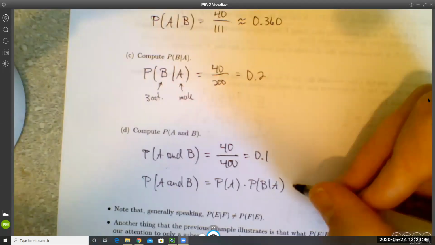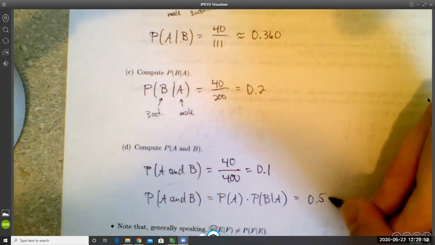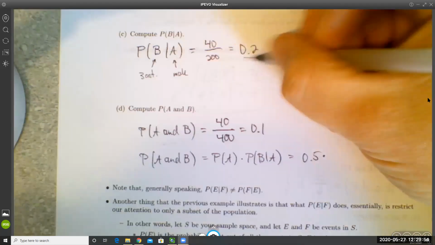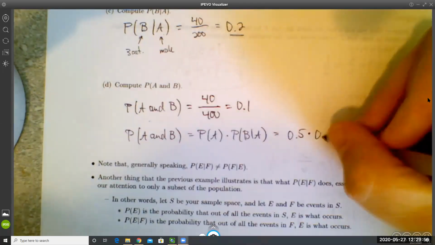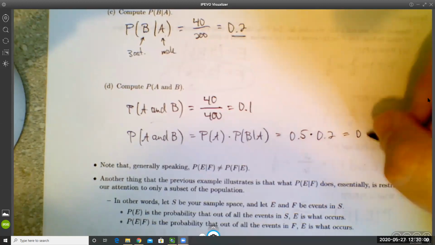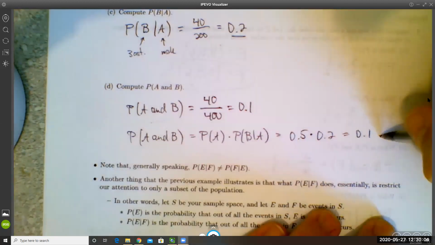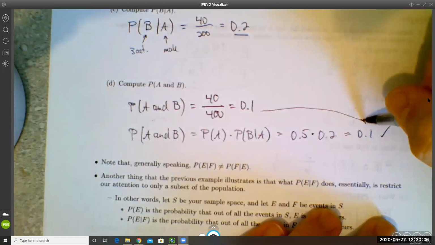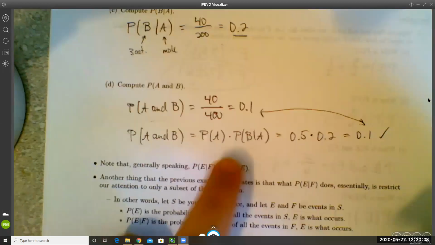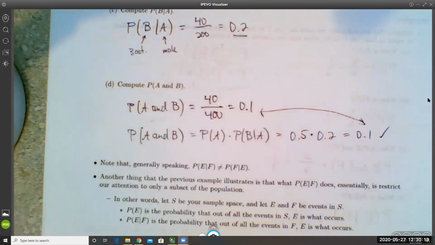Probability of A, we said, was 0.5. Probability of B given A, we said, was 0.2. And 0.5 times 0.2 is 0.10, 0.1. Sure enough, we get the same answer. So yes, this is the formula for probability of A and B.